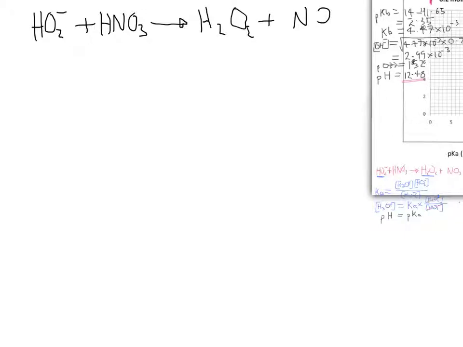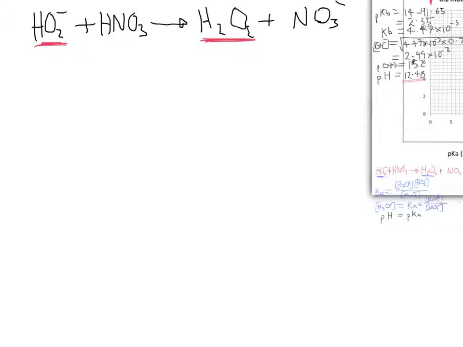Our weak base, which is HO2 minus, has reacted with our strong acid, HNO3, nitric acid, to produce hydrogen peroxide, our conjugate acid, plus NO3. Right, so it's done this. What's happened essentially is all of our weak base has turned into weak acid.